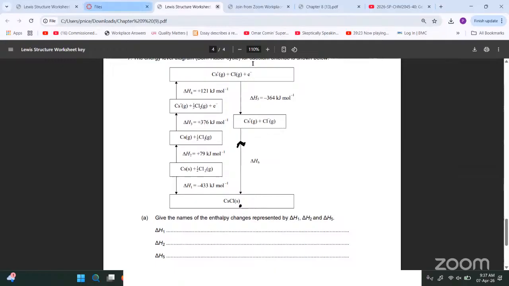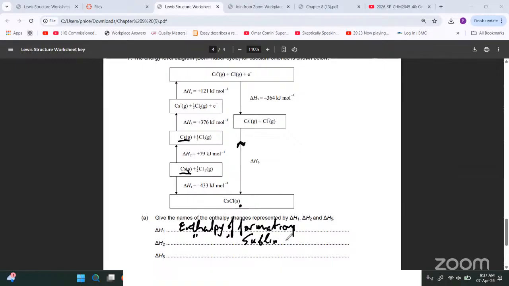Delta H1 is where we're going from the elements themselves to the ionic compound being formed. So that would be enthalpy of formation. And then delta H2 is where we go from cesium solid to cesium gas. So that would be enthalpy of sublimation.